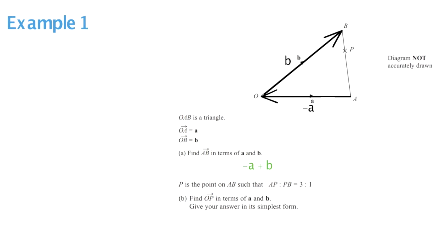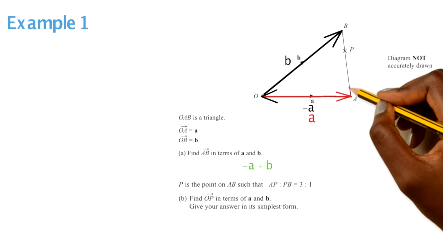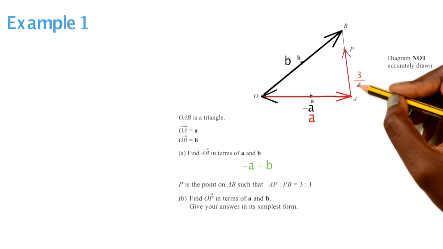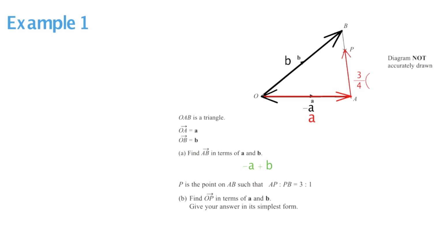Now to work out the vector OP in terms of a and b, the easiest way would be to go from O to A, which is going to be a positive a, and then from A to P. Because the ratio is a 3-to-1 ratio, A to P is going to be 3/4 of the length of A to B. To work out that size, we know that from A to B the vector is b minus a.